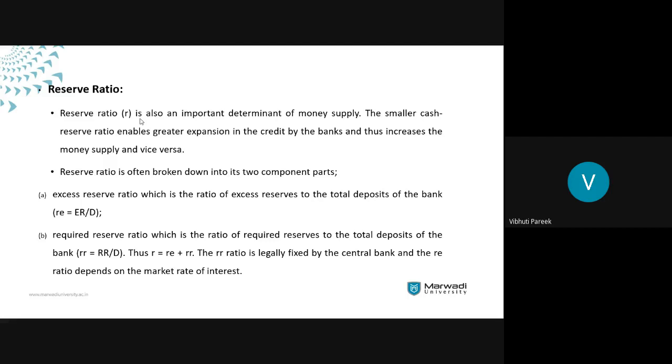Because the smaller cash reserve ratio enables greater expansion in the credit by the banks. And with the help of these reserves, the banks can increase the money supply and vice versa. The rate of SCR is very small, but with the help of that SCR, the banks are able to supply a huge amount of money in the market.